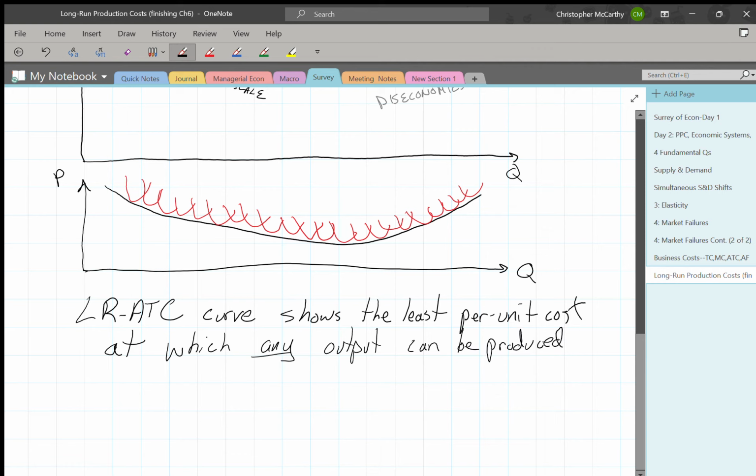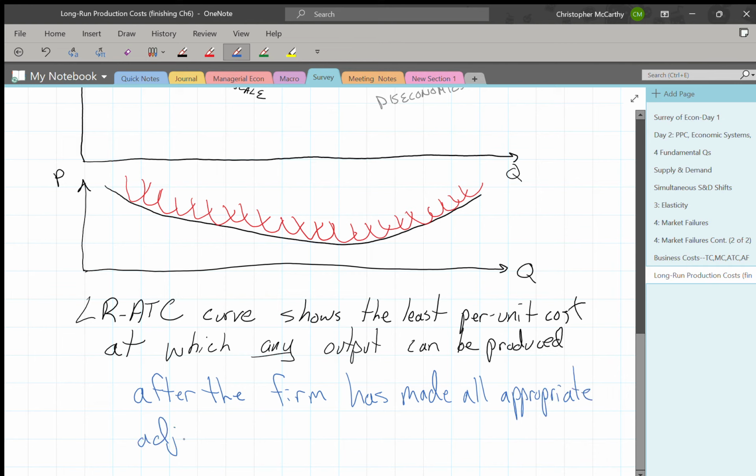And this is after the firm has had time to make all appropriate adjustments to plant size.